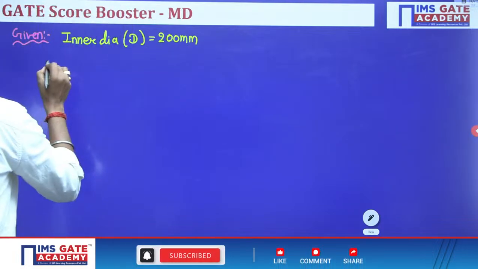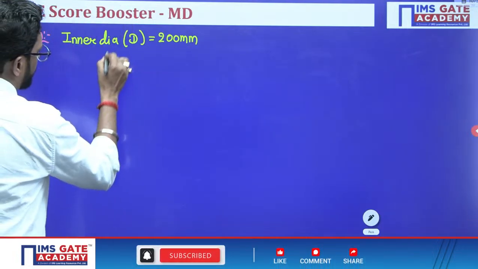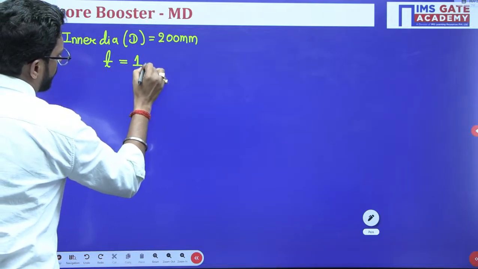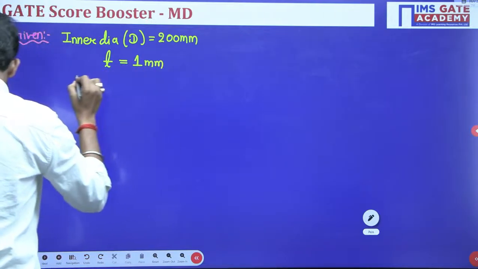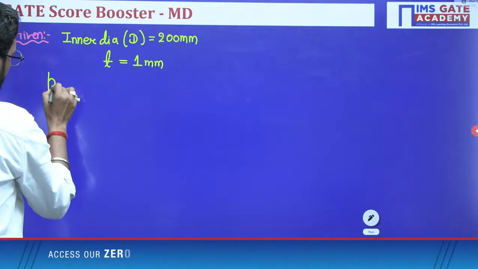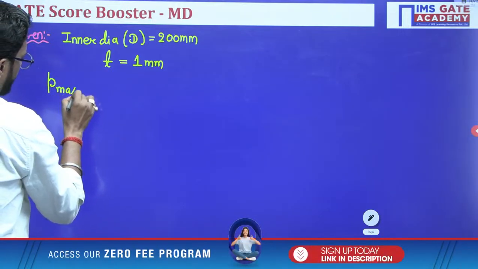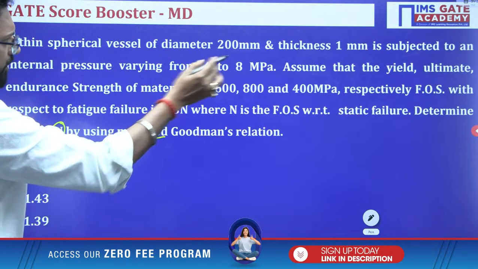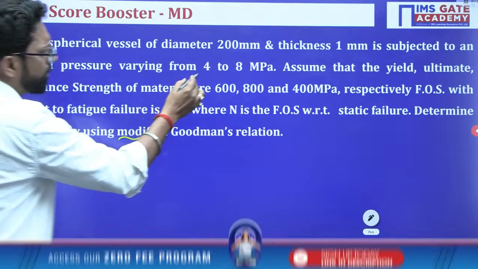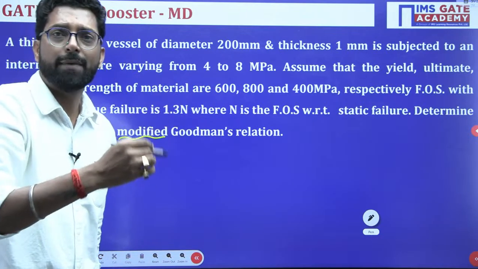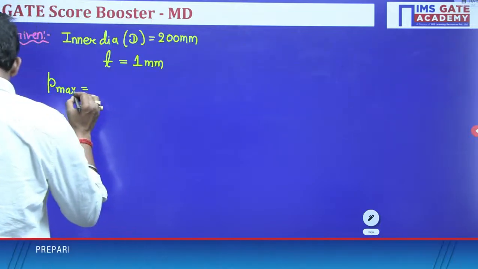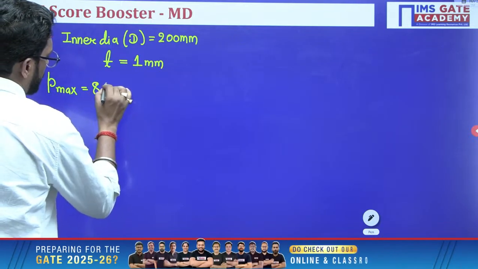The thickness of the material is given as 1 mm. The pressure vessel is subjected to an internal pressure varying from 4 to 8 megapascal. The pressure is varying inside the pressure vessel, so P maximum is 8 megapascal.